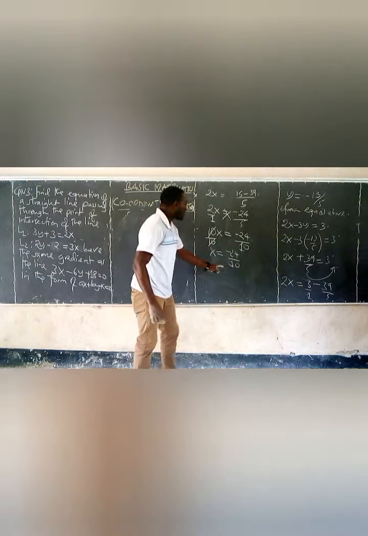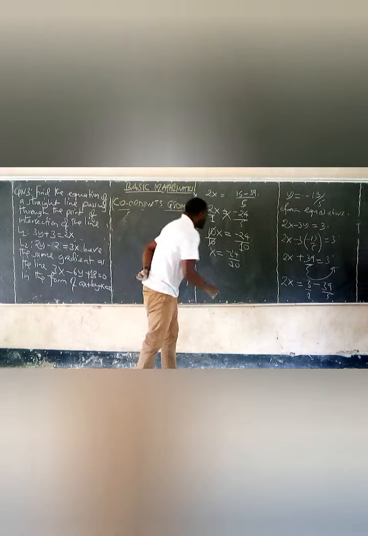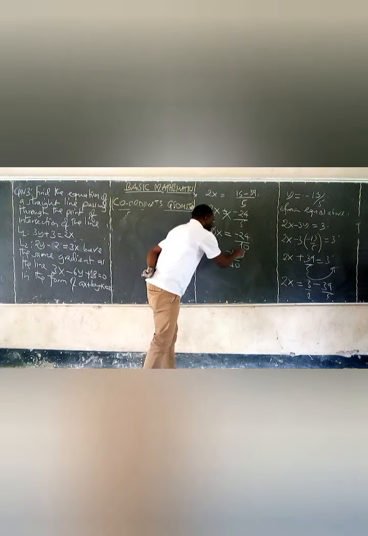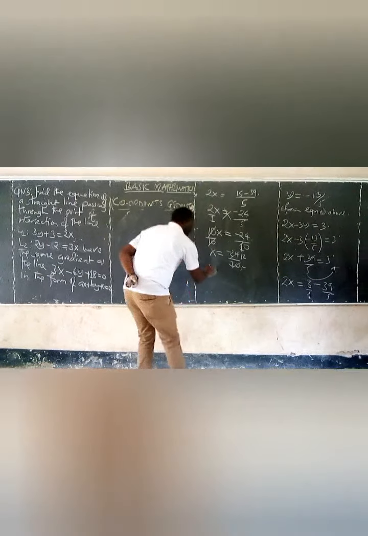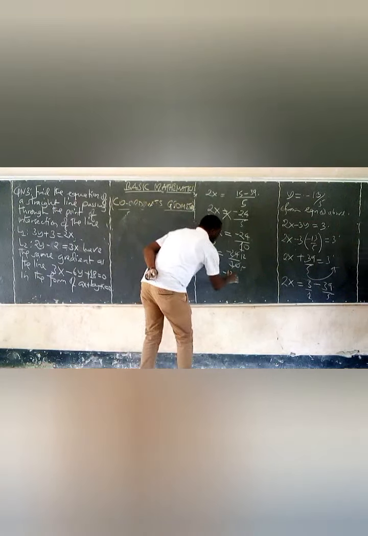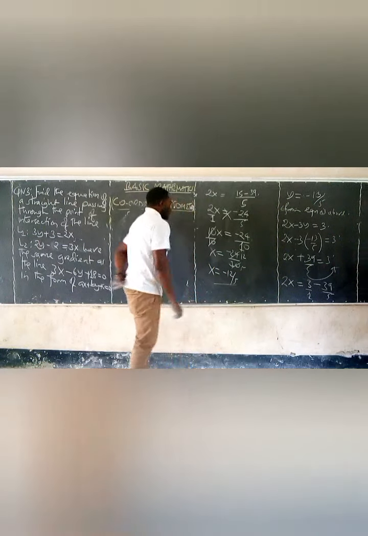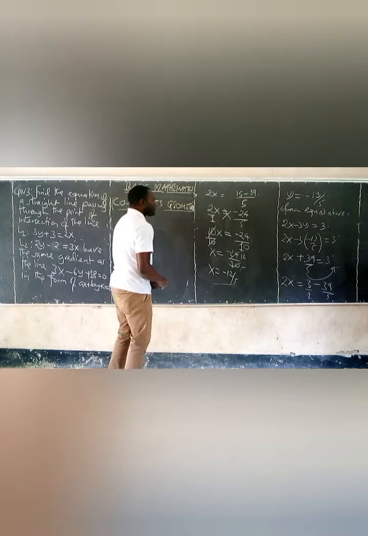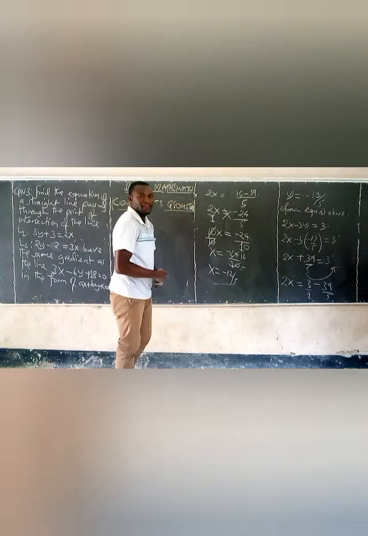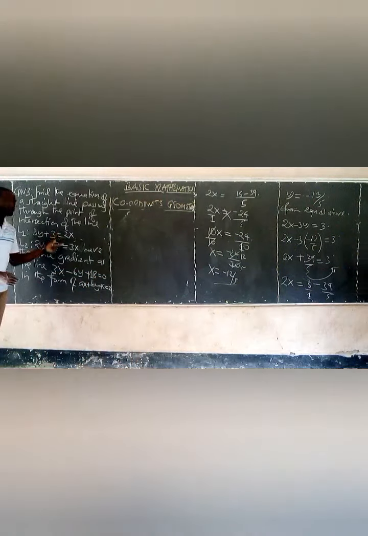When we simplify here, by 2, 24 gives 12, 10 gives 5. So x is equal to negative 12 out of 5. This is the value of x. But after obtaining the values of x and y, remember our question is to determine the point of intersection between these two lines.